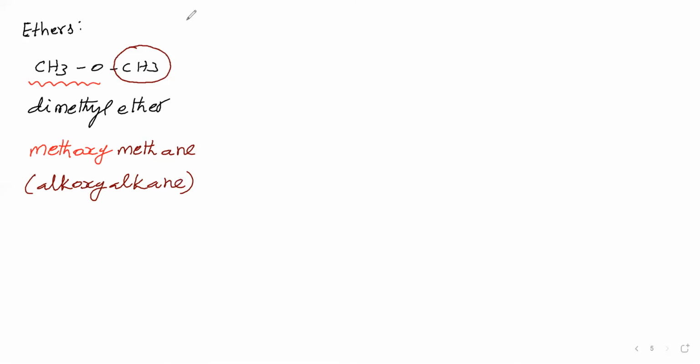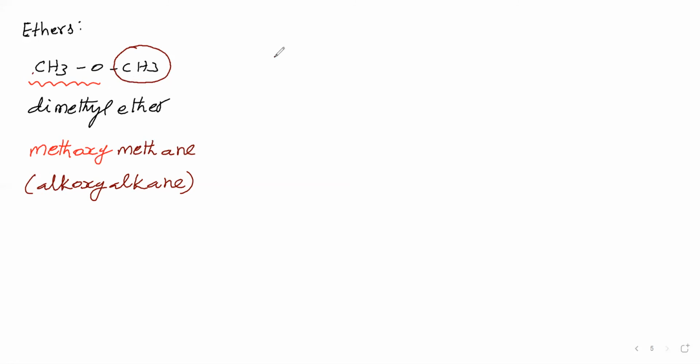Suppose an alkene part is there, then it changes. We have taken alkoxyalkane just to understand this name. Alk means one carbon, therefore meth, oxy, then alk means one carbon, therefore meth and ane. So methoxymethane is the IUPAC name for this compound.